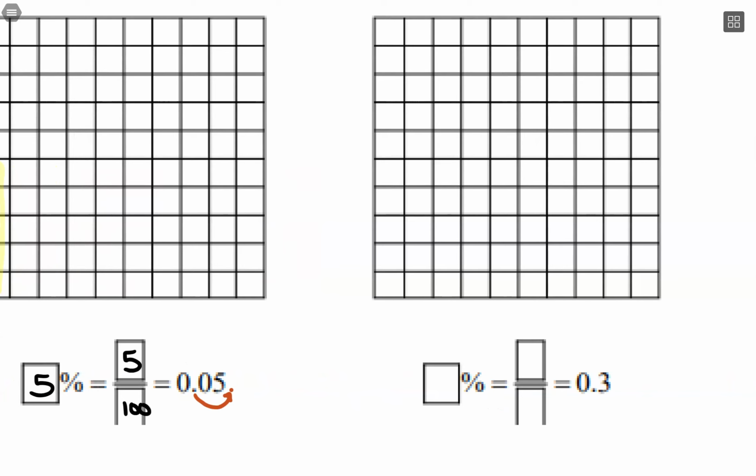Next, 0.3: if we think about moving the decimal to the right 2 spots, that's 30. So this is the same as 30%, or 30 out of 100. So we're going to have 10, 20, 30. So there's a visualization of our percentages, as well as switching between percent, decimal, and fraction form.